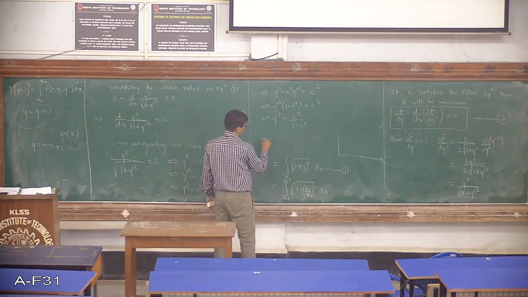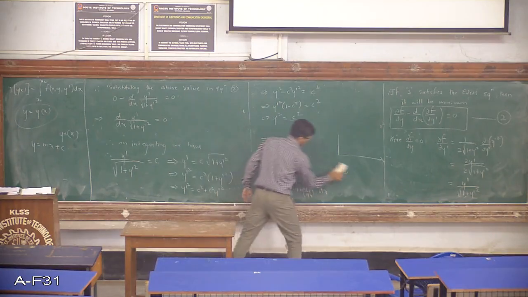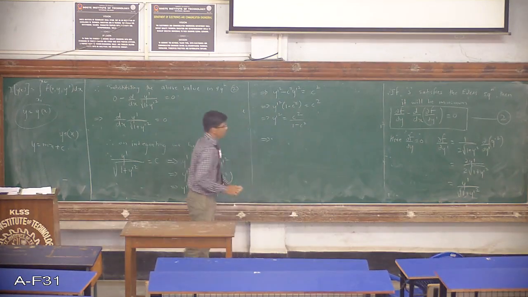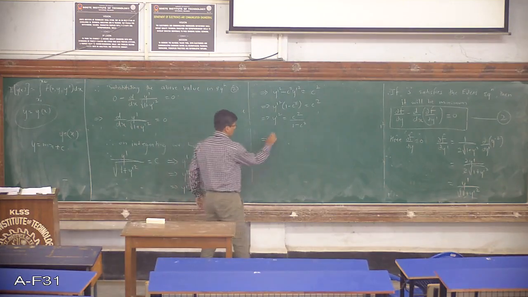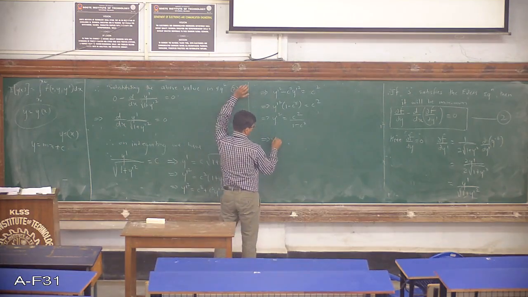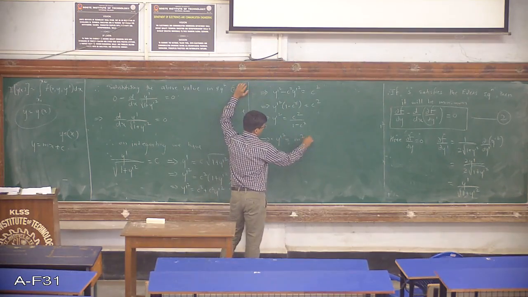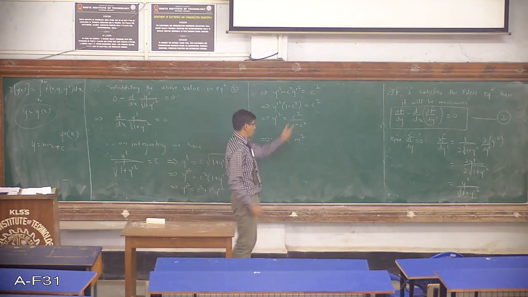This simplification you can do in your own way. There is no restriction for you people. This is just an explanation, because in some textbooks they have given it directly. Okay, so this y1 square is equal to m square I can write, because everything is square.